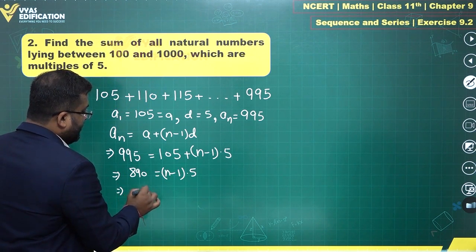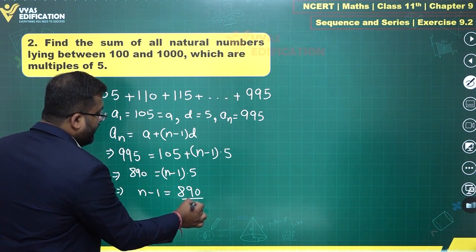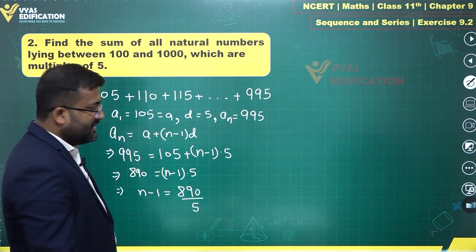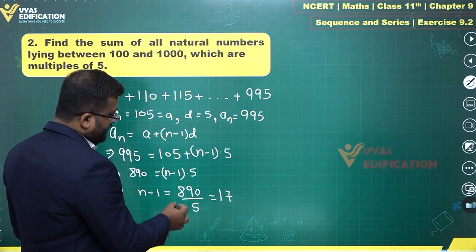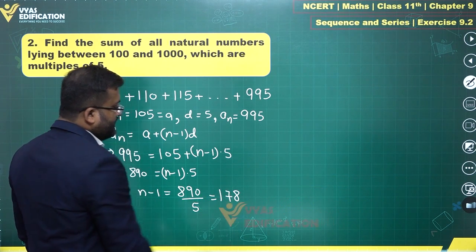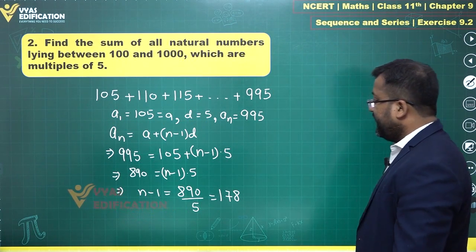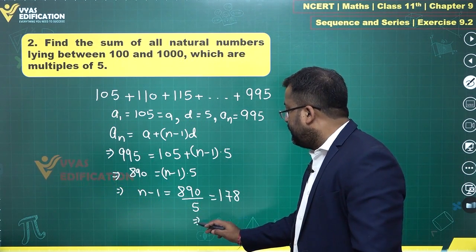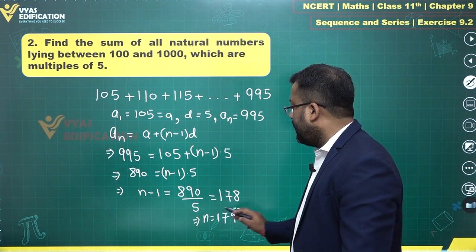And what is the value of N minus 1 over here? That is 890 divided by 5. What is that? 39 goes 7 times and 40 goes 8 times. This is what you have, 178. So N minus 1 is 178, which tells me N will be equal to 179. This is what you get.